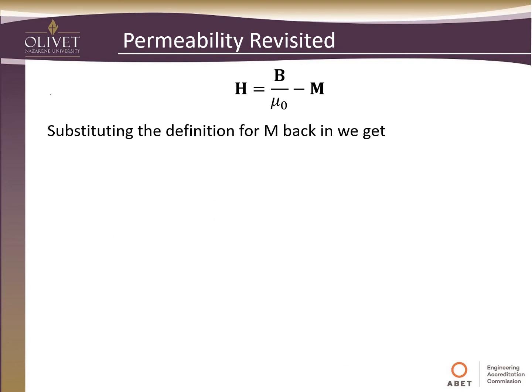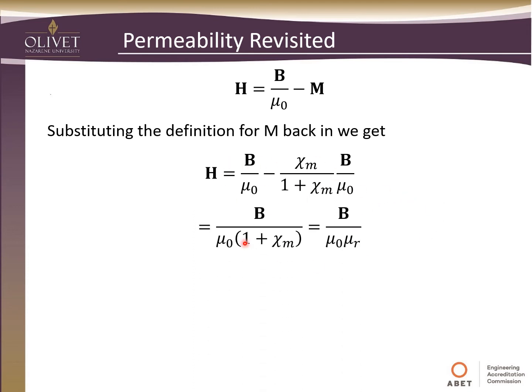So substituting this definition for M back in, we will get this equation here. This is what we said M was defined as when we introduced this susceptibility, magnetic susceptibility, into this equation. Well, we can combine like terms here and come up with that this is now just the flux density over the permeability times 1 plus the susceptibility.